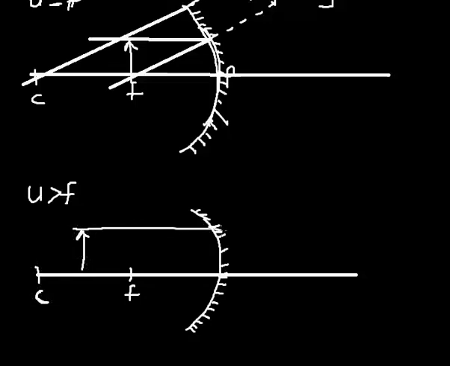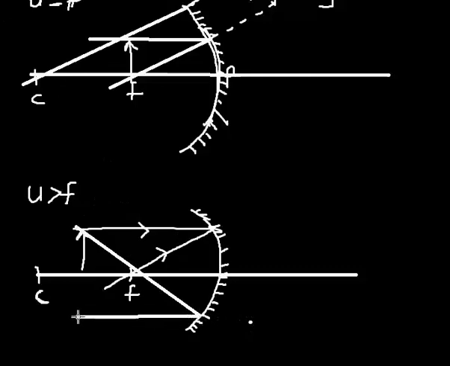This ray reaches the mirror and reflects. The other ray also hits here, then also reflects.